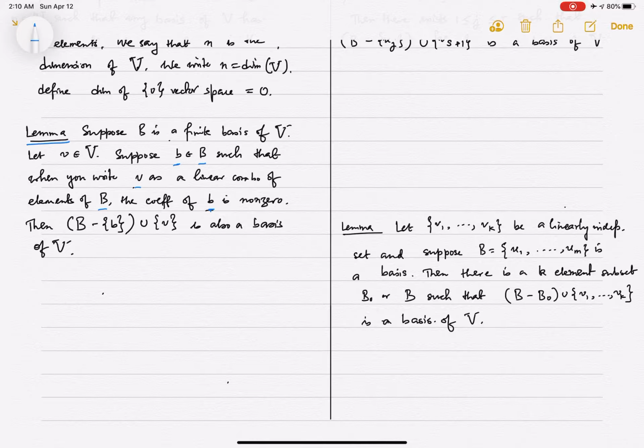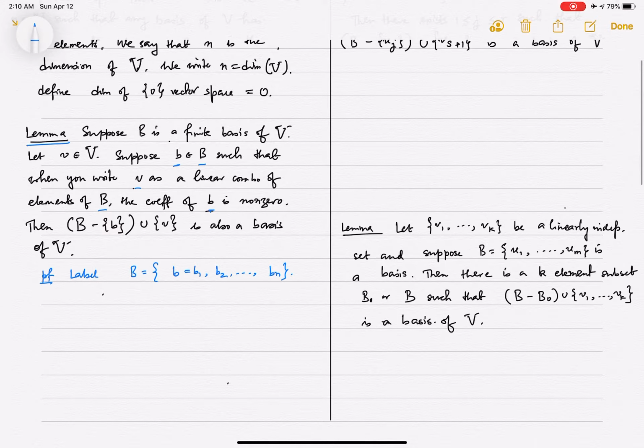Let's see why. So, sketch of proof. I'm going to label the elements of B as B1, B2, ..., Bn, where the first one is my little b. Just name them like that. Then what am I told?